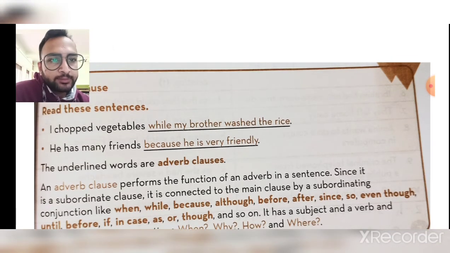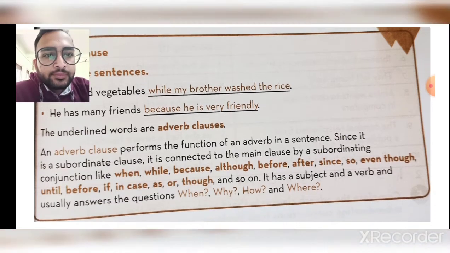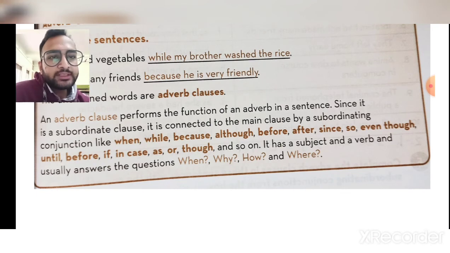I chopped vegetables is the main clause, connected by a subordinating conjunction like while. You can see, yes, while is there. So while my brother washed the rice, because he is very friendly, all these are connected to a main clause.